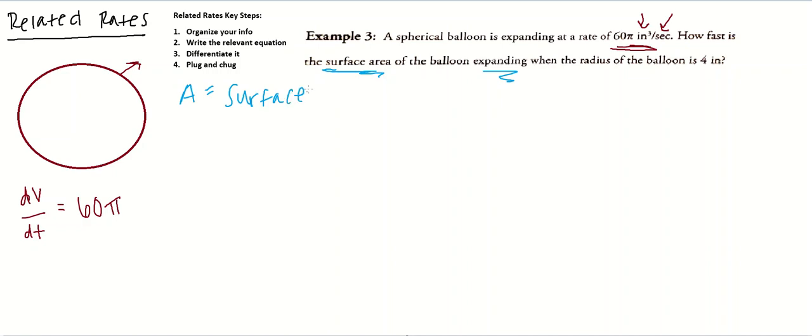I know A usually stands for regular area, but just for simplicity's sake, A is going to be surface area. So the rate of change of surface area with respect to time is dA dt, right? And this is what we are trying to figure out. They're asking us what this quantity is. So that's why it's going to get starred. This is our end goal.